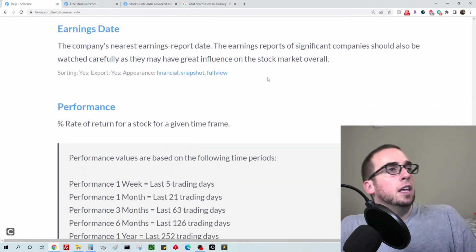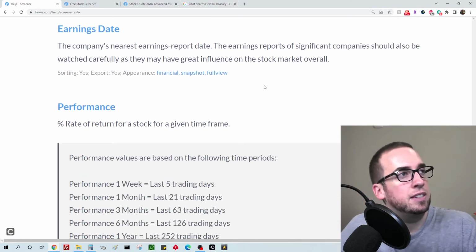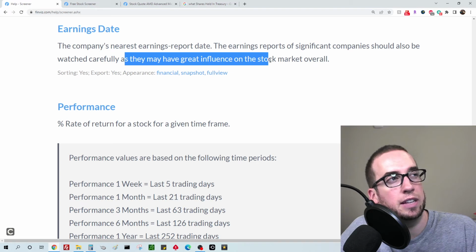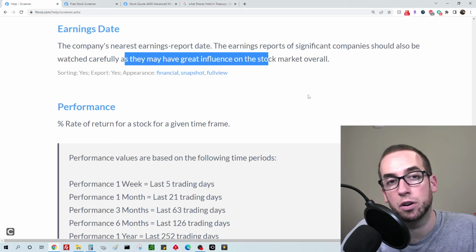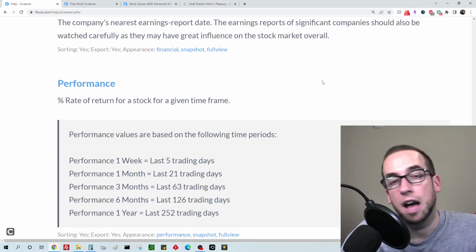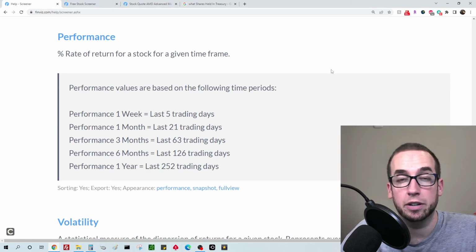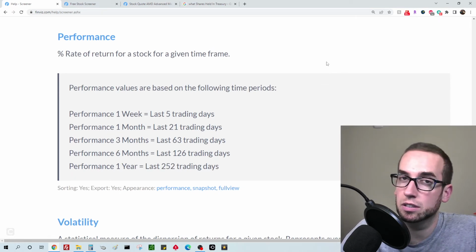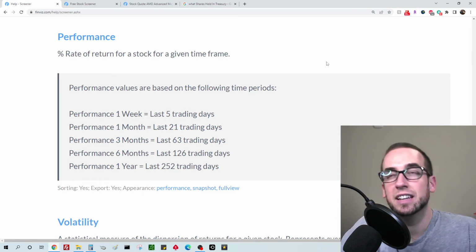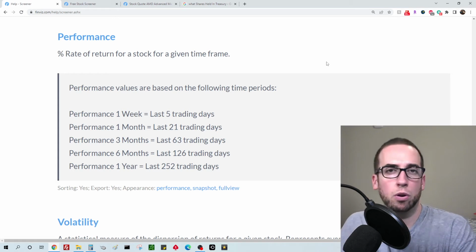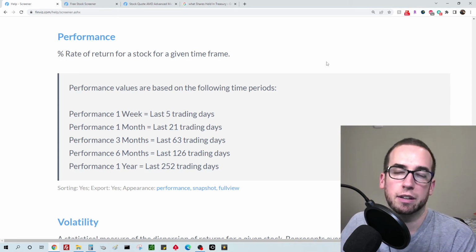Earnings date, the company's nearest earnings report date. The earnings reports of significant companies should also be watched carefully, as they may have great influence on the stock market overall. There is a general rule of thumb that you don't want to play earnings. Luckily for us, if you follow my strategies, we are in the stock for the long haul, essentially.